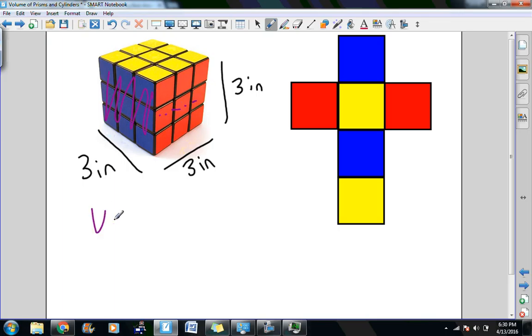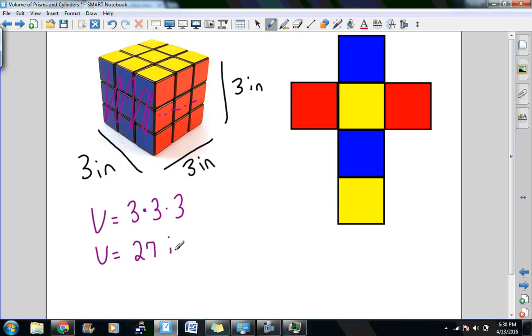So the volume of this figure would be 3 times 3, and I would take that times the depth, also 3, going backwards. So I then have 9 times 3 is 27.